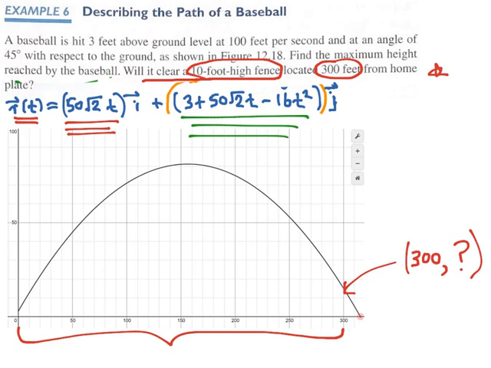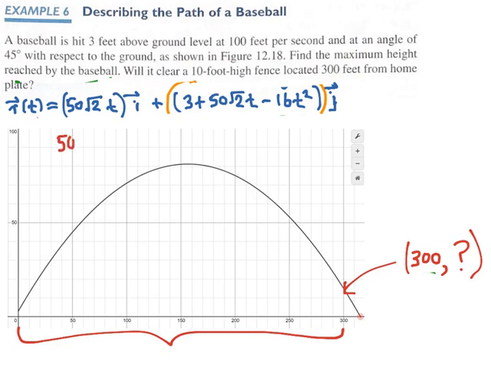So to do that, we simply take the horizontal component of the position vector and set that equal to 300 to find the time at which the ball would have traveled a horizontal distance of 300 feet from home plate. And then once we have that time, we will evaluate the vertical component of the position vector at that time and see if that height is more than 10 feet.